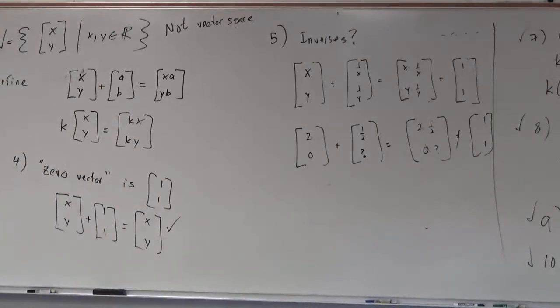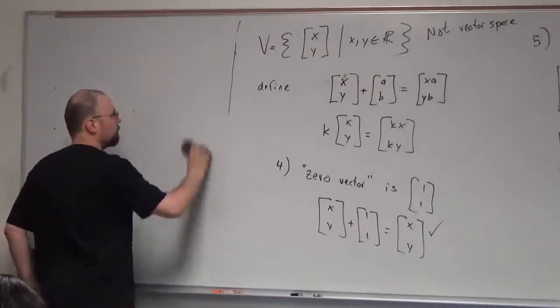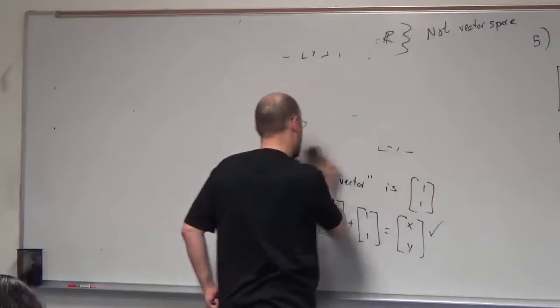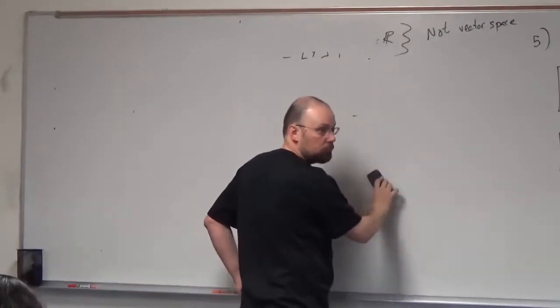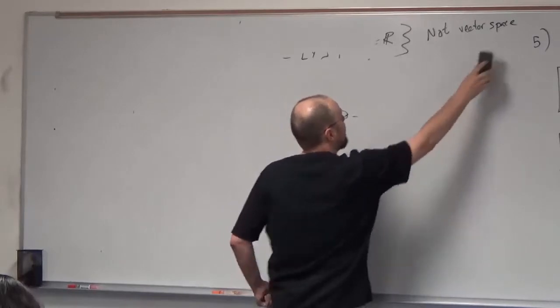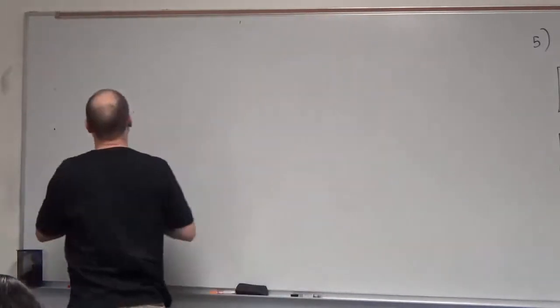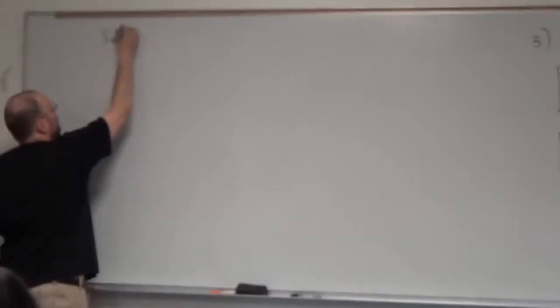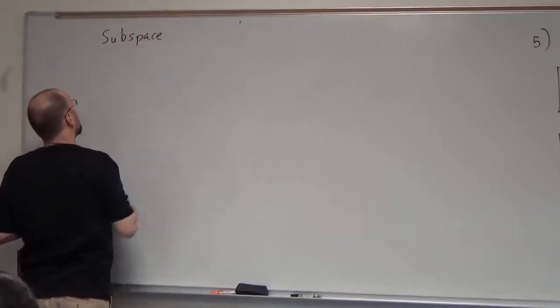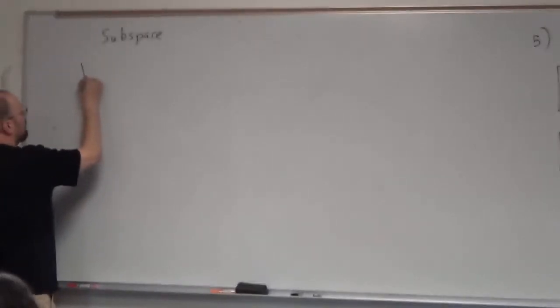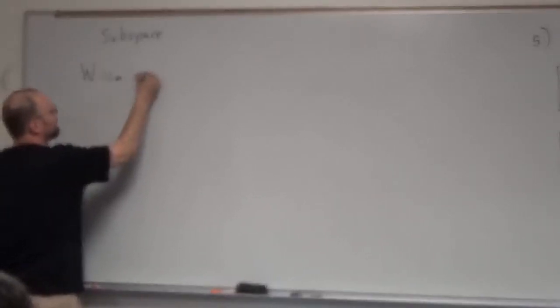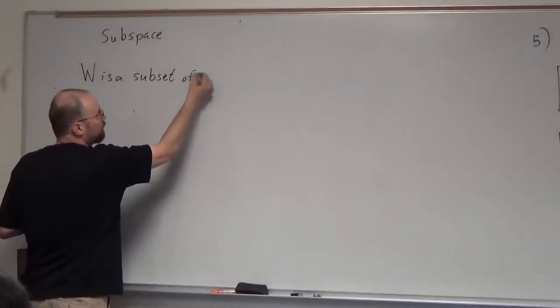All right, that's good enough. So what's next? Subspaces. So what is a subspace? Don't erase 5, okay. All right, so subspaces. First of all, W is a subset of a known vector space.